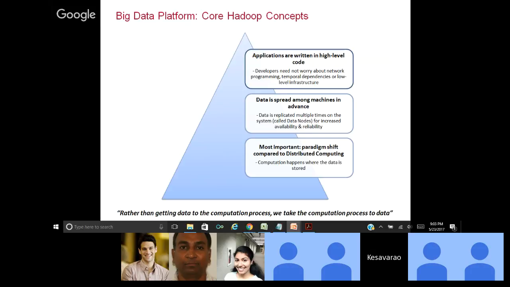We call them data nodes. And the most important shift in this paradigm compared to distributed computing is that computation happens where data is stored. I think I mentioned this already in my orientation, if you attended.